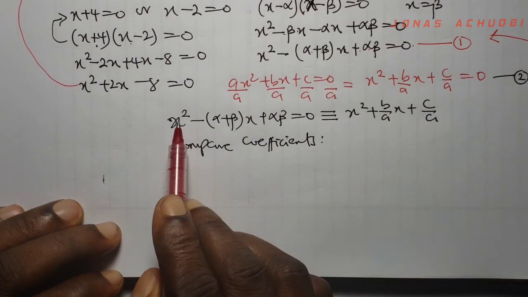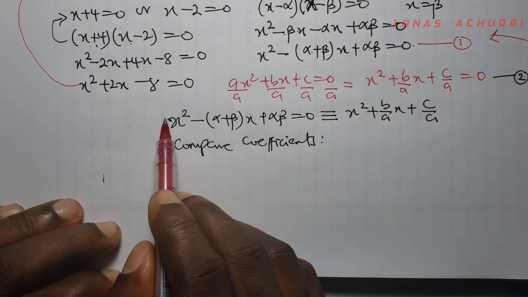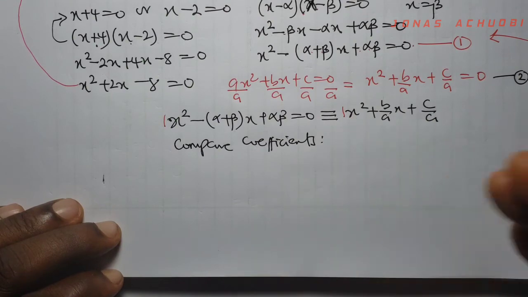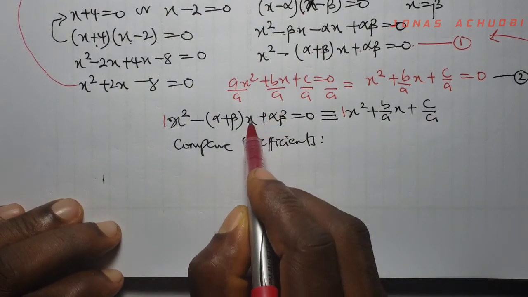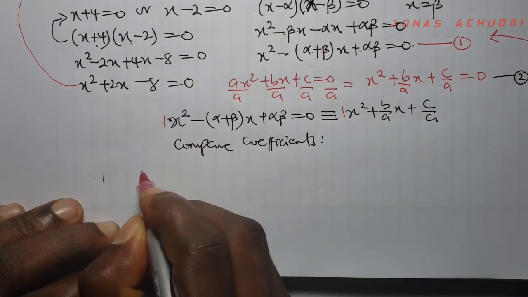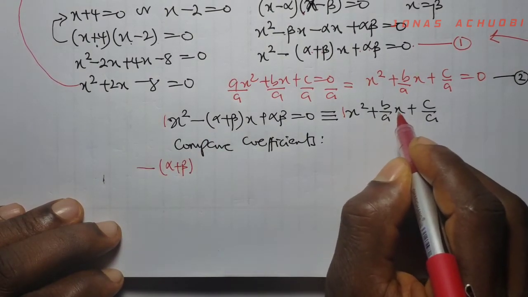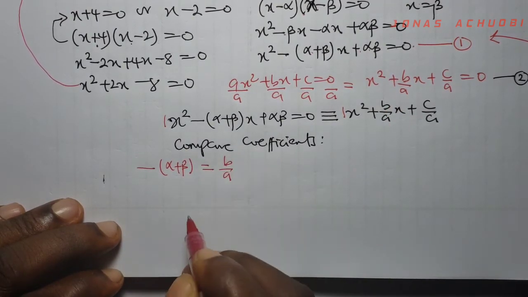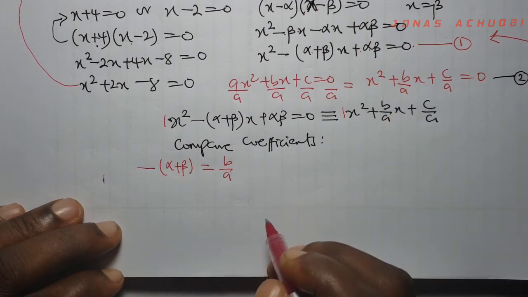So we have x squared here and we have x squared on the right hand side. The coefficient of x squared is 1 here, same here, 1. So 1 is equal to 1. That is fine. We now move to the next variable x. The coefficient of x here is negative (alpha plus beta), and the coefficient of x on this other side is b over a. So minus (alpha plus beta) is the same thing as b over a on this other side.